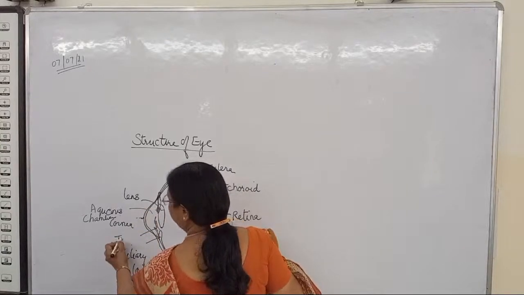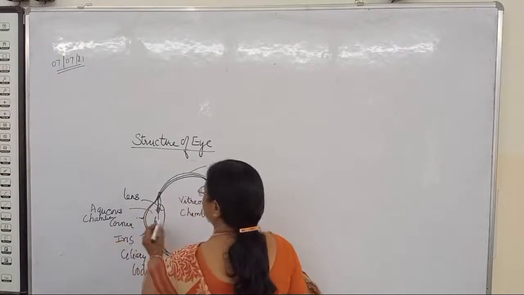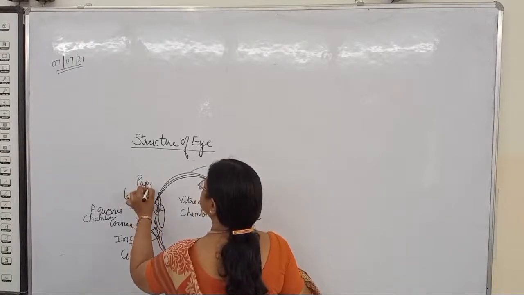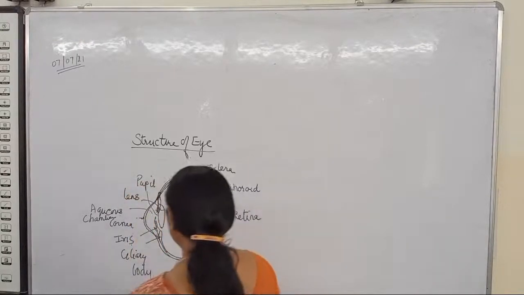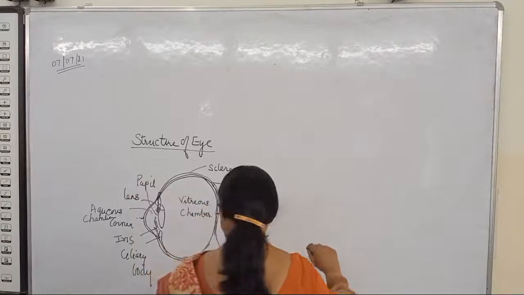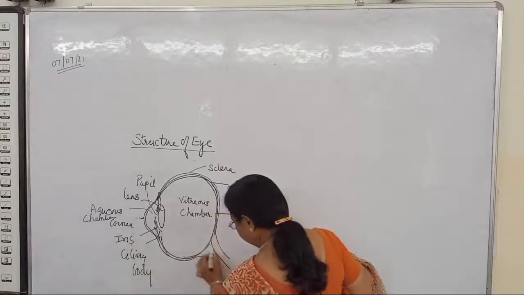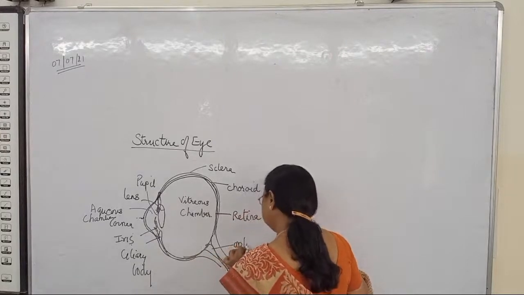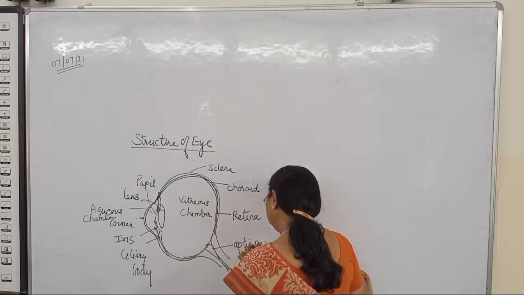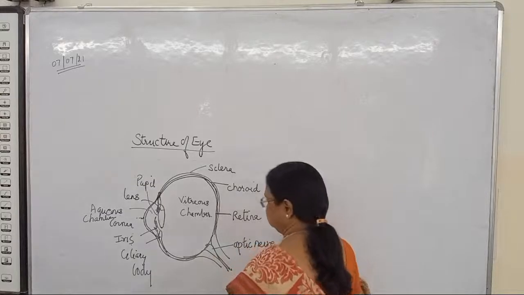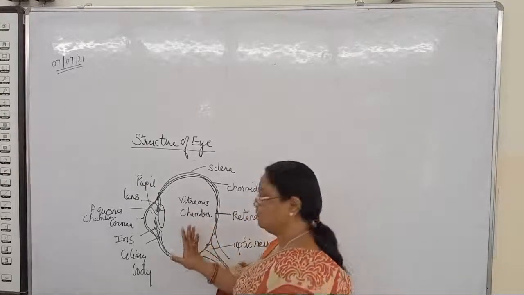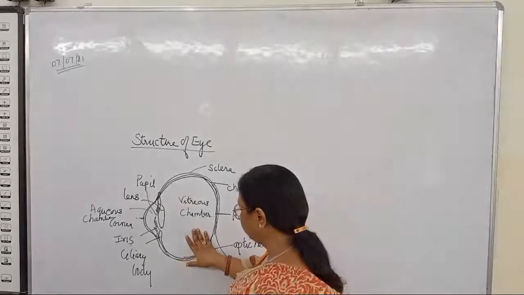You have the iris, and in between here the pupil, and here you can see the optic nerve. So basically this is the structure of the eye.